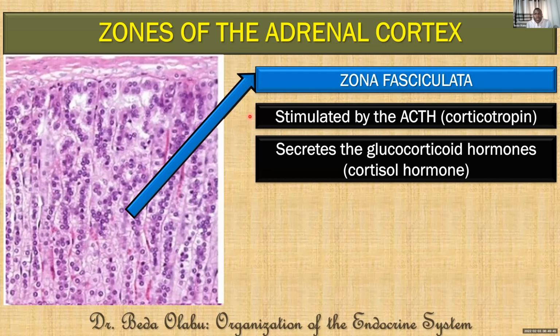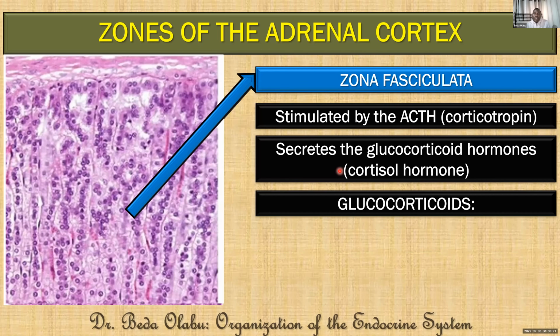The effect of ACTH on zona fasciculata is to stimulate the production of glucocorticoids. Glucocorticoids are corticosteroids which affect glucose metabolism, so we call them glucocorticoids. The main example of a glucocorticoid is the hormone cortisol. So zona fasciculata produces cortisol.